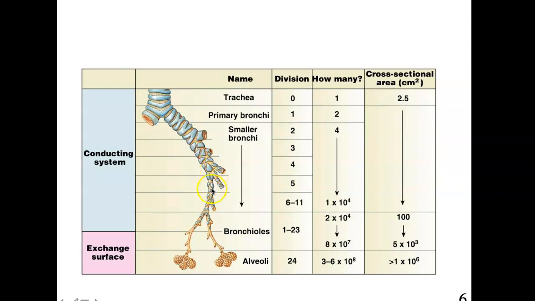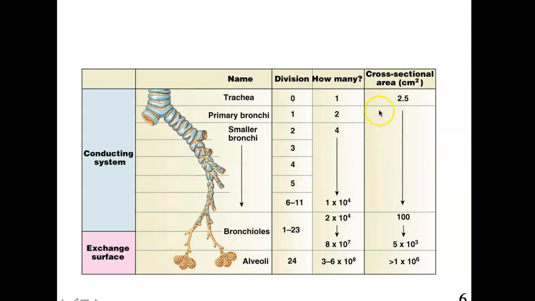And then it'll branch and branch and branch and branch again until you finally reach the exchange surface, which is the alveoli. So this is just sort of for fun. How many do you have? You have one trachea, but once you start coming down into this branching, you see that we've got 10 to the fourth. This branching is immense. It's the same story of increasing your surface area so that you can reach thousands of alveoli where this exchange is going to happen.